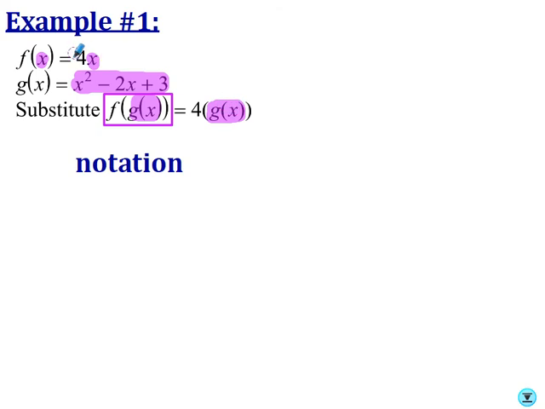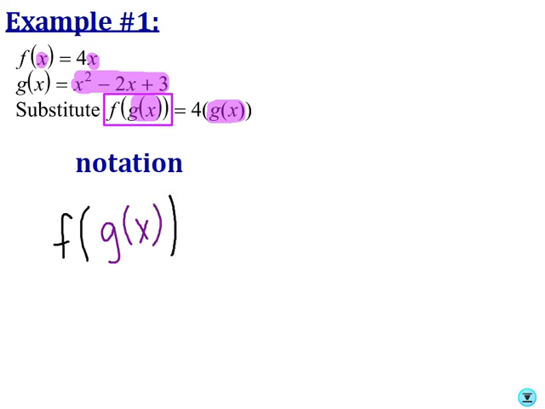So instead of 4x, f of x equals 4x, I'm going to plug in g of x so that I'm going to get 4 times the g of x function. So let's write down what that's going to look like. F of, and I'm inputting the g of x notation.